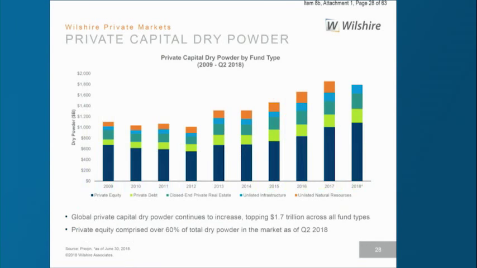I think more striking to me is the amount of dry powder. Now, this graph includes private equity, debt, real estate, infrastructure, and unlisted natural resources. But you can see $1.7 trillion of dry powder that's committed but not yet invested. In addition to having a good economy, we do have very high asset prices pretty much across the board.